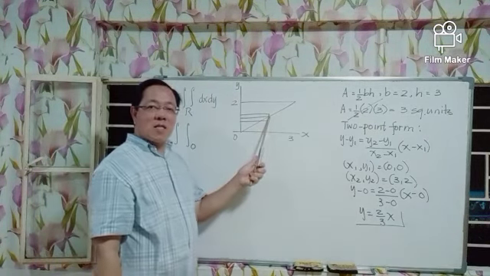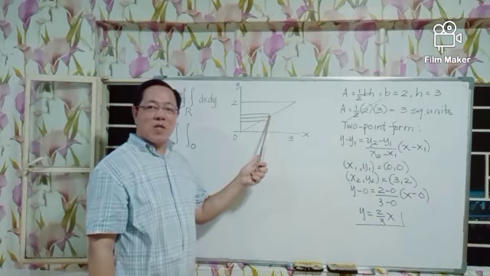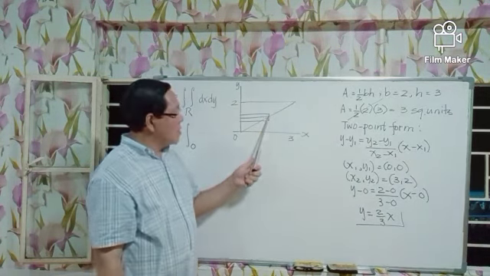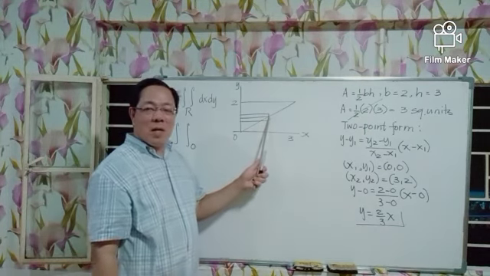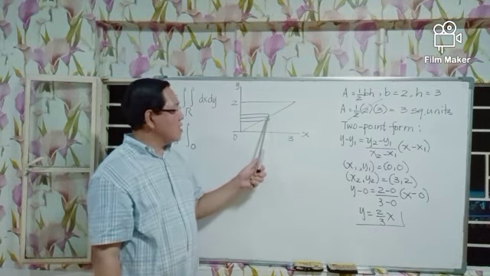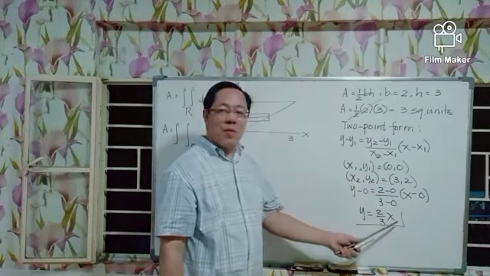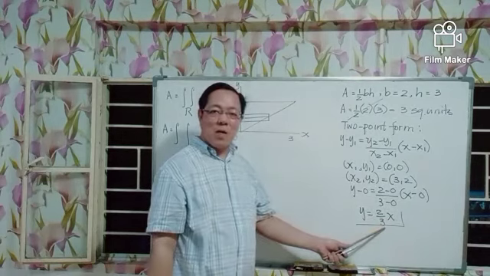And the value of x at this point we find using the equation of the line, because you can see this point at this side of the horizontal rectangular element is a point on the line with the equation y equals 2/3 x. And we solve for x from this equation.